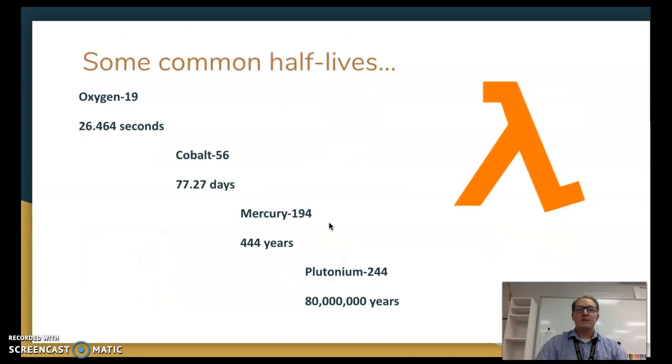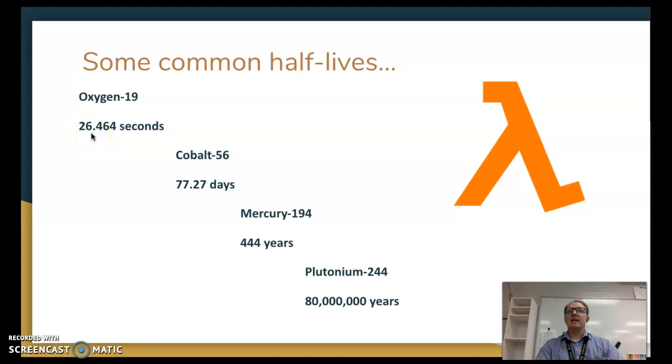All right? So here are some common half-lives. This is the other cool part about this. A half-life, that amount of time, is different for each type of unstable atom. For example, oxygen-19 is not your normal oxygen. It's unstable. The time it takes for one half-life to pass for oxygen-19 is about 26 seconds, right?